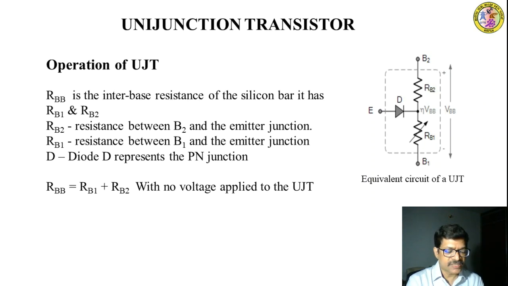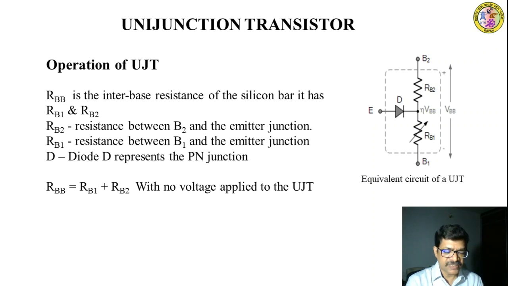It has two resistances in series, namely RB2, the resistance between B2 and the emitter junction, and RB1, the resistance between B1 and the emitter junction. The PN junction in the emitter is represented by a diode D. The operation of the UJT can be explained from its equivalent circuit.